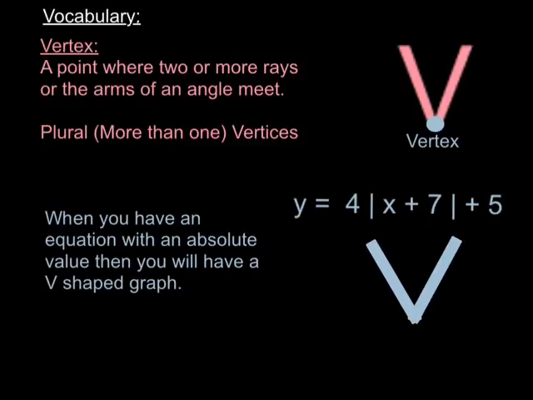It's not going to look like a line. This time your graph from an absolute value goes into a V shape. I'll show you how we're going to get this vertex and how you can move this V shape up and down on your graph, and where your points go, on the next slide.